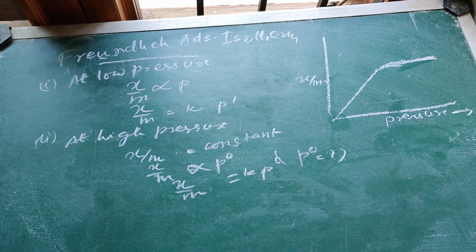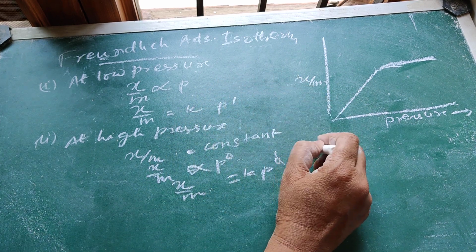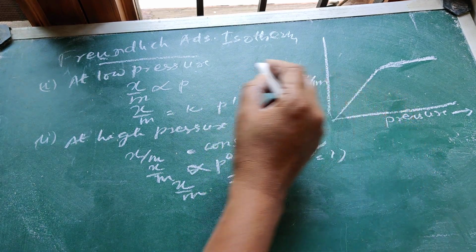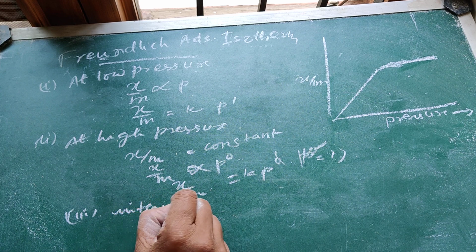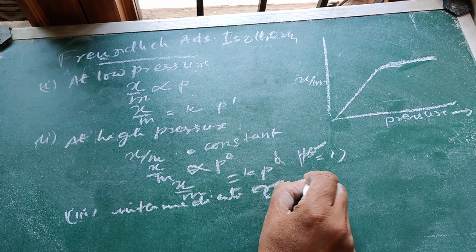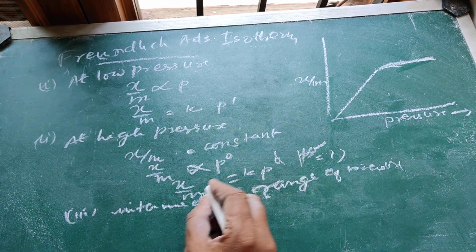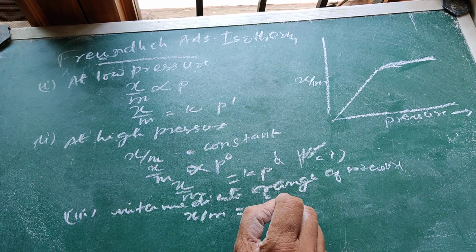Now in the intermediate range of pressure, x by m depends upon either of two values, 0 or 1.